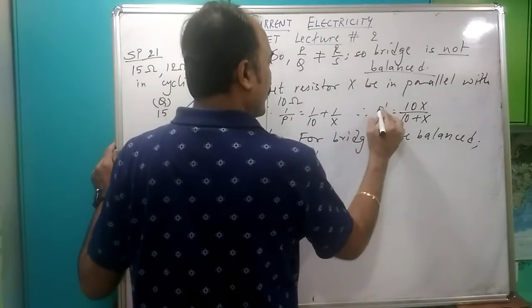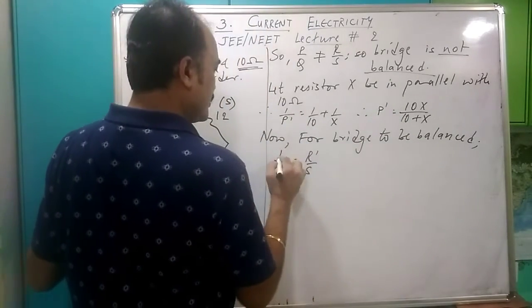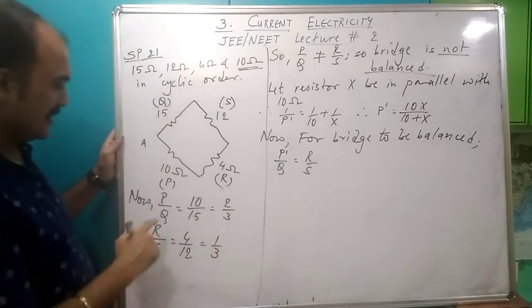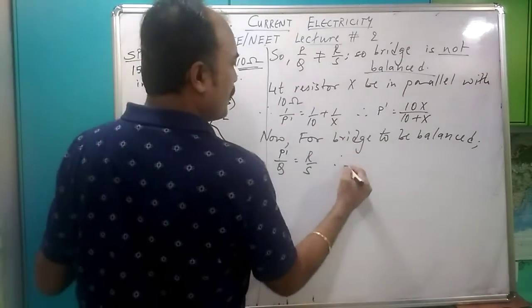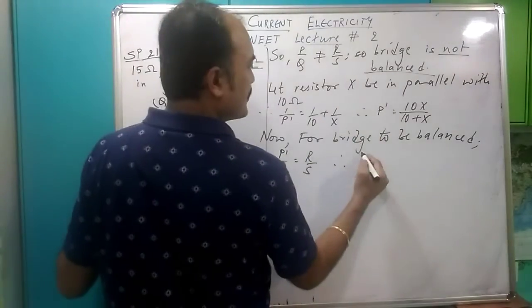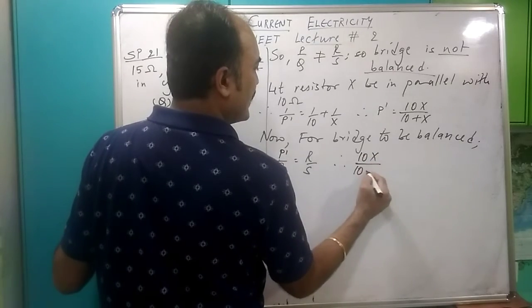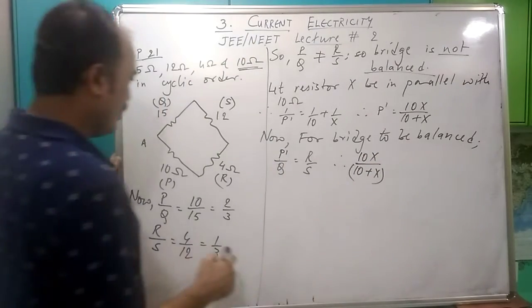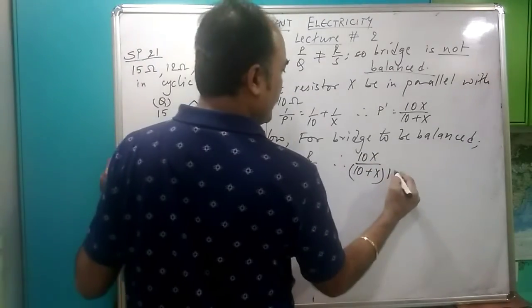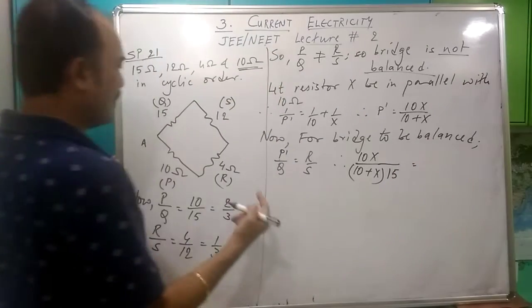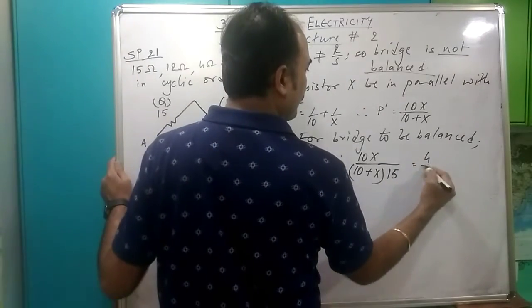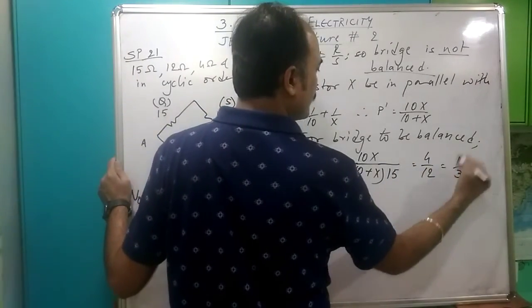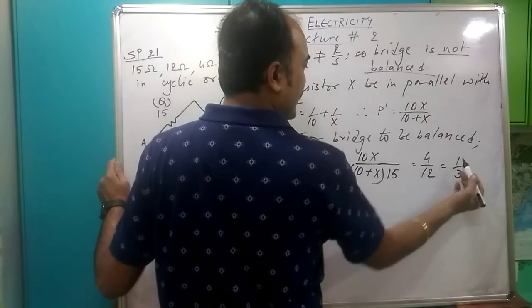I forgot where 10 was. So P dash by Q is R by S. So let me put it now. P dash is how much? 10x over 10 plus x. And how much was Q? It was 15, equal to R by S. How much is R? 4 by 12. Now 4 by 12 everybody knows is 1 by 3. And 15 goes up.